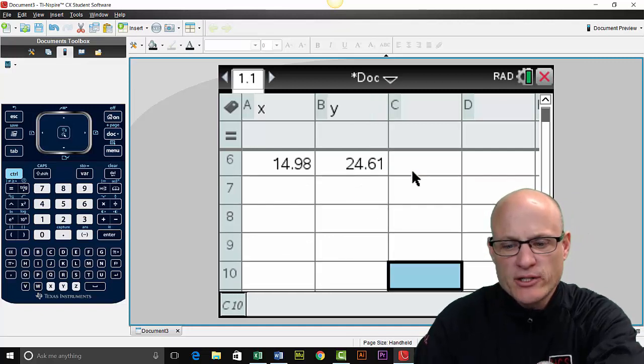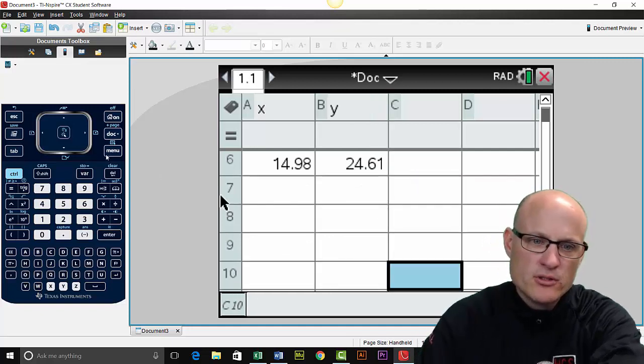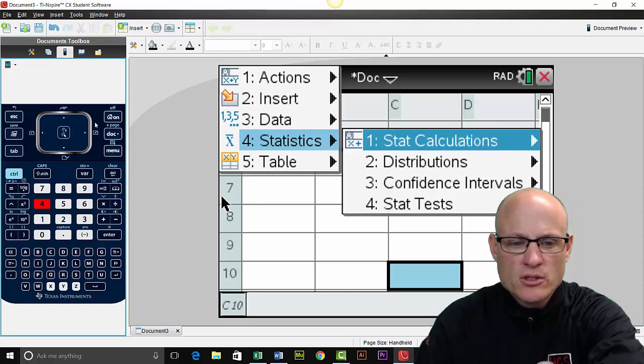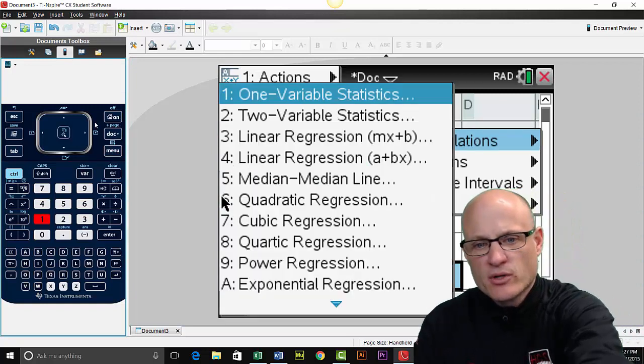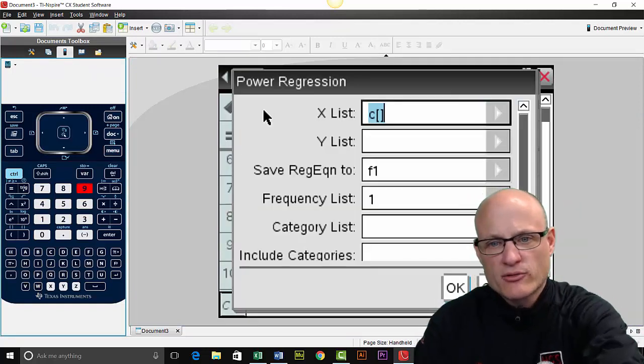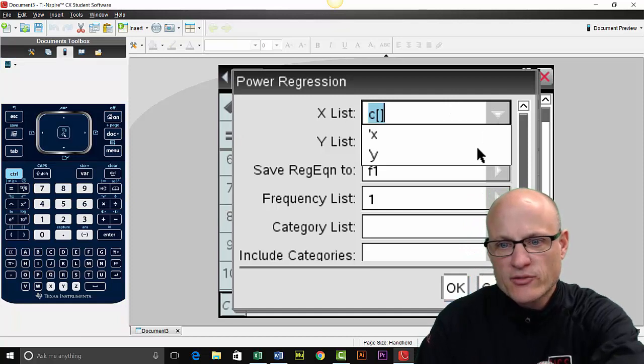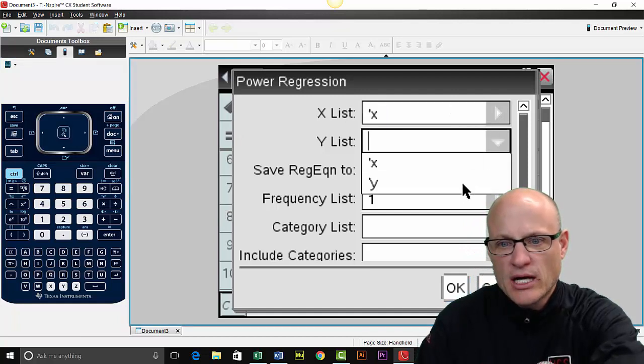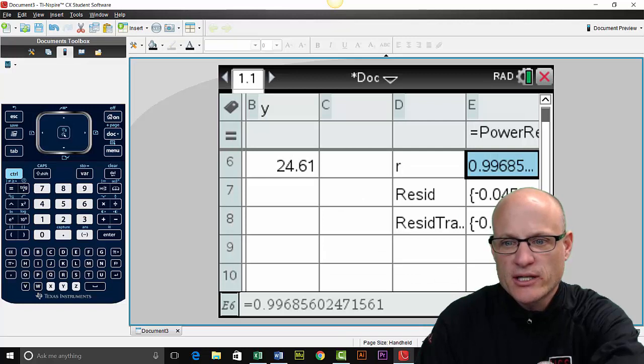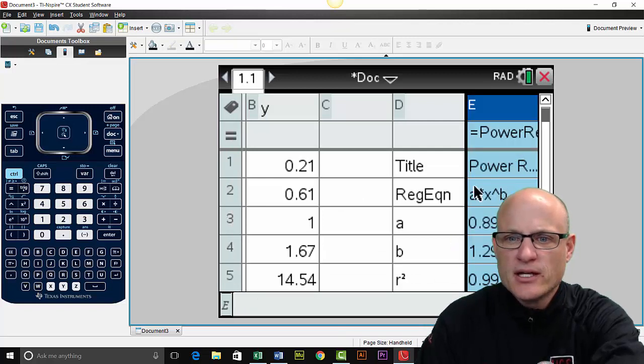Come back over here. You go into menu, number 4, number 1, and number 9. We're doing power regression. My X and my Y, and I click OK. And there it is.